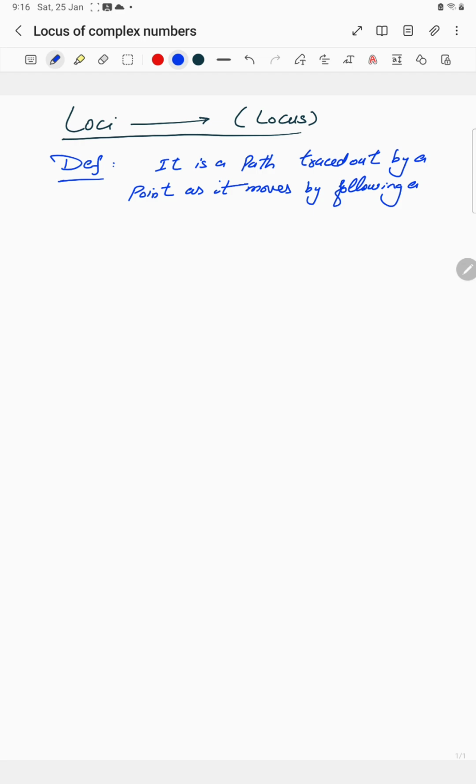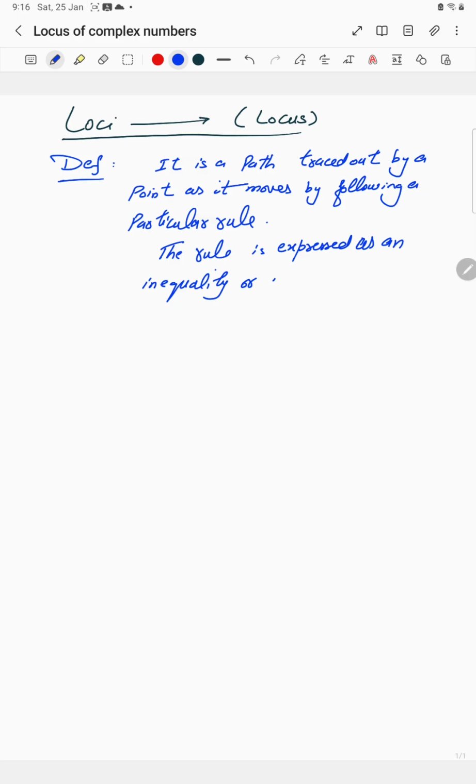And the rule is expressed as an inequality or an equation.